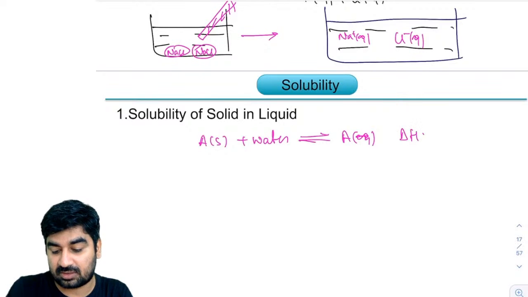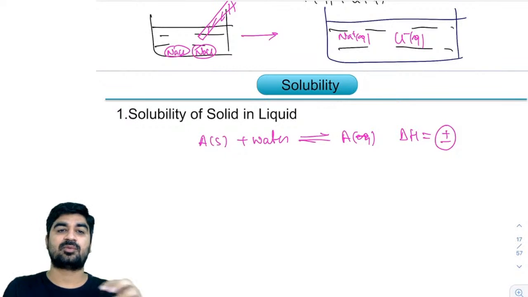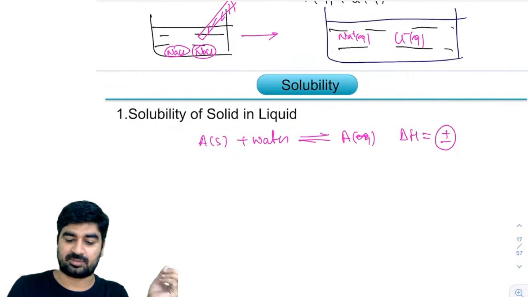This process can be exothermic or endothermic. It depends on many factors, and I'm going to discuss all those factors in thermochemistry.